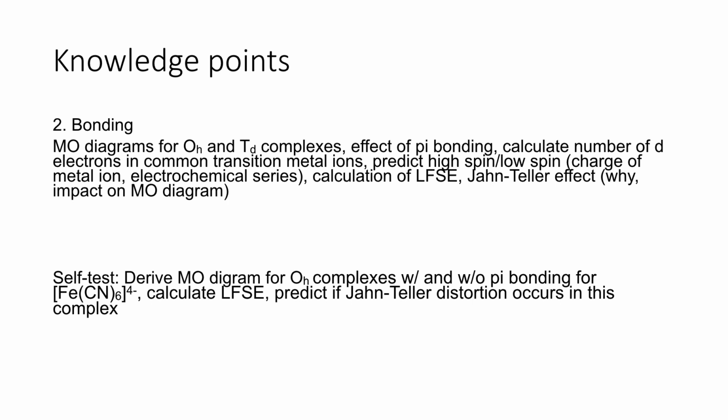For Td, the configuration is the opposite. The non-bonding has two orbitals and antibonding has three. So for those two different cases, the ligand field stabilization energy contributions are different. Make sure you figure out the correct value for each situation.